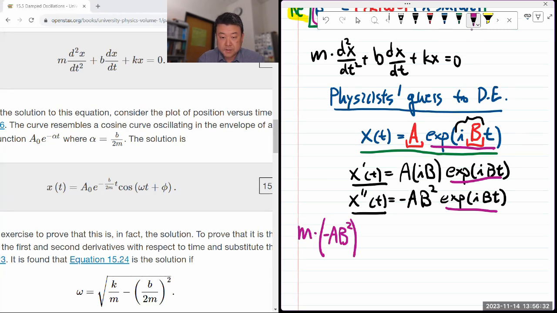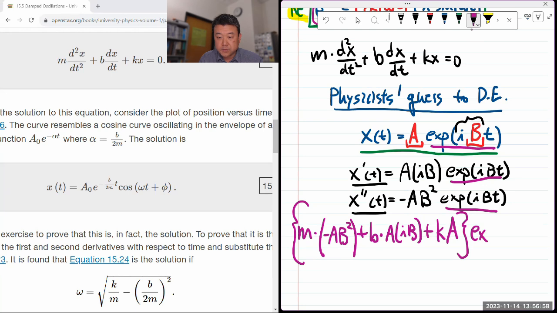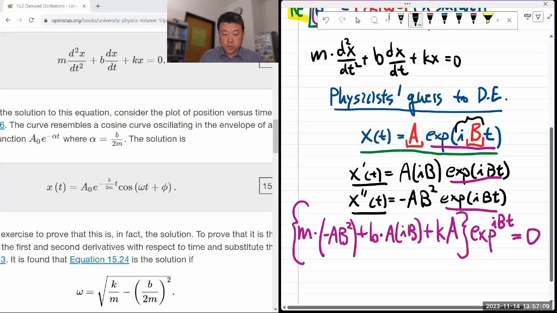So I have that, with a big parenthesis for the factored out exponential term, plus b times a times i times capital B, exponential factored out to the right, plus k times a, and then the exponential term factored out to the right. Let me write down the exponential term, ibt.